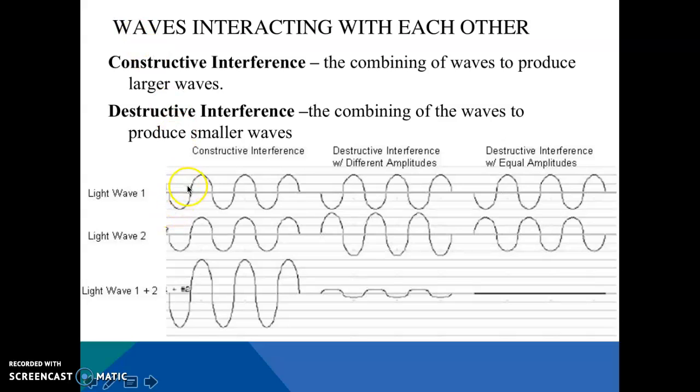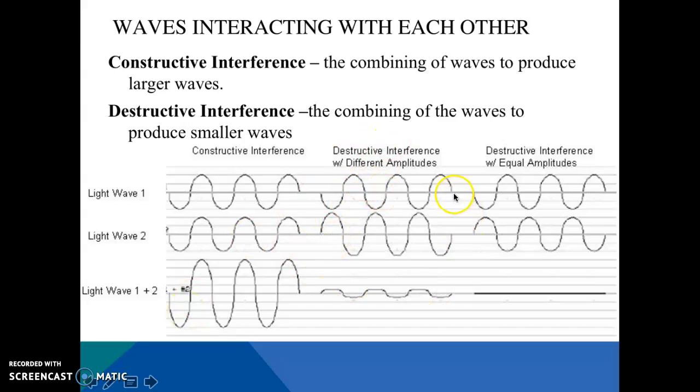So here is an example of one wave with another wave, and they can construct together to get even bigger, greater amplitude, if you remember back to the other video. So these two waves construct together to get this. And notice they're going down, down. So if we add this portion to this portion, we have constructive interference.